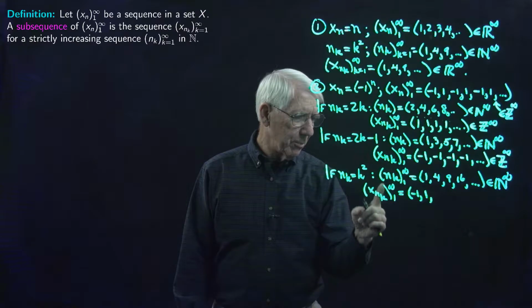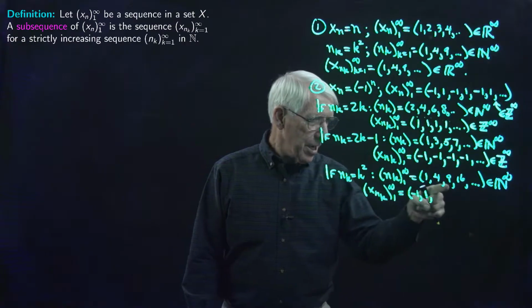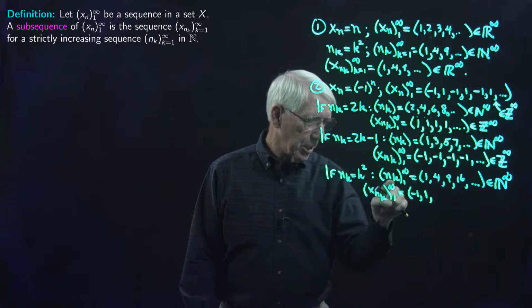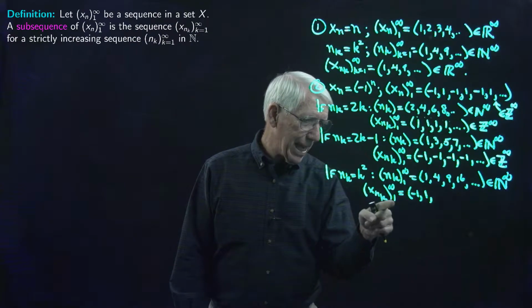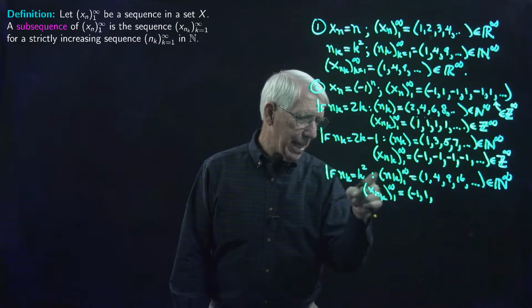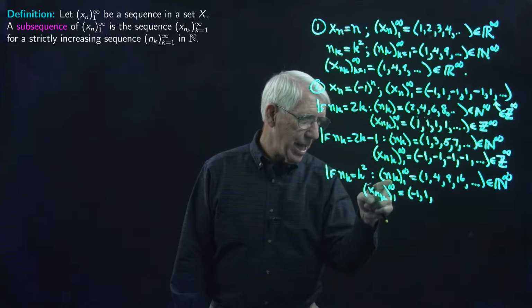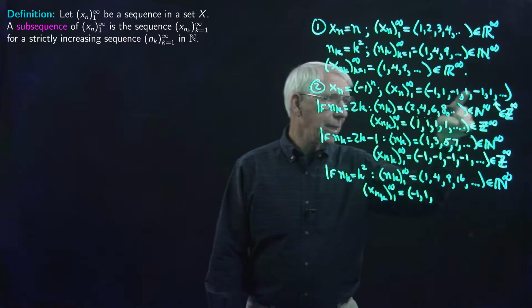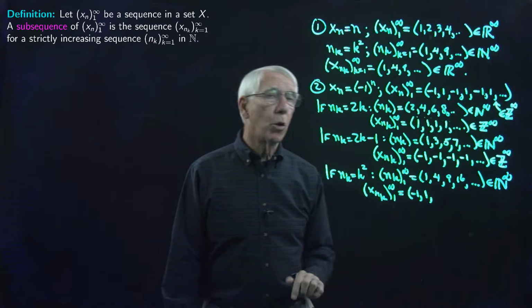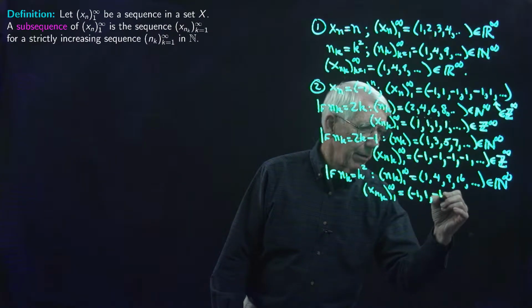The third term of this sequence is the ninth term of the original sequence, because when k is 3, nk is 9. So I'm looking at the ninth term of the original sequence, which of course is minus 1.